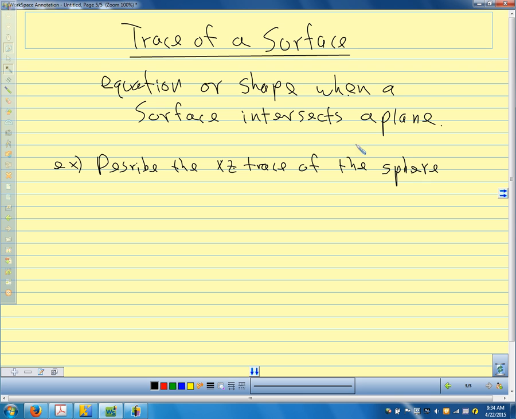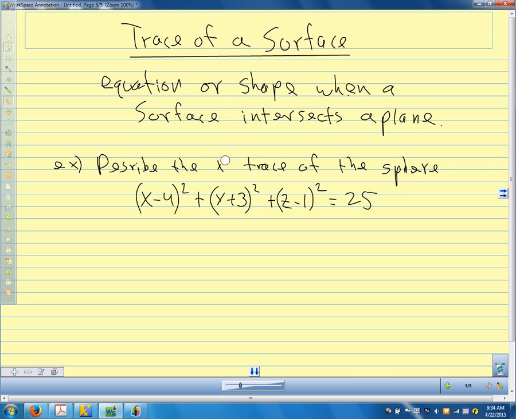of the sphere x minus 4 squared plus y plus 3 squared plus z minus 1 squared equals 25. So we want a description. What happens when this sphere intersects the XZ plane?